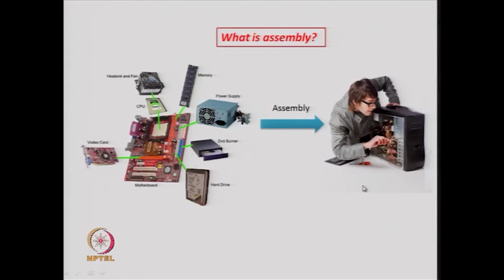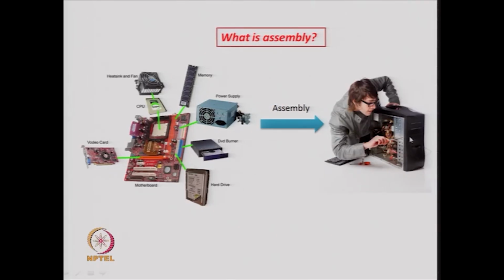Now, what is self assembly? All of you know that when you assemble a computer, there are many parts. You put together all the different parts, which may include a memory, a power supply and so many other things, to get a final product which has a particular function.